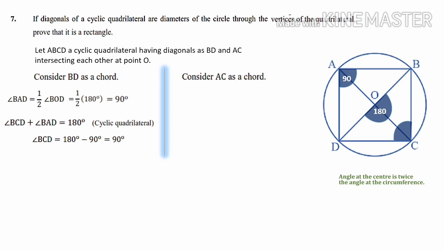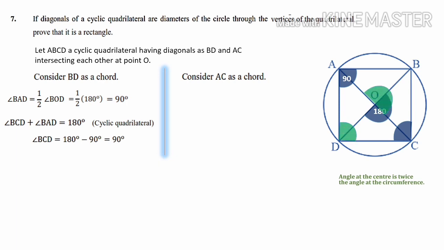Then we have to consider another chord AC. First we have considered BD as the chord. Now we have to consider chord AC. If you consider the same statements here, the chord AC is making one angle at the circumference and another angle at the center. The angle at the circumference is here, marked in green color.